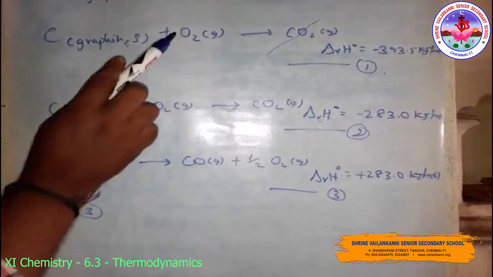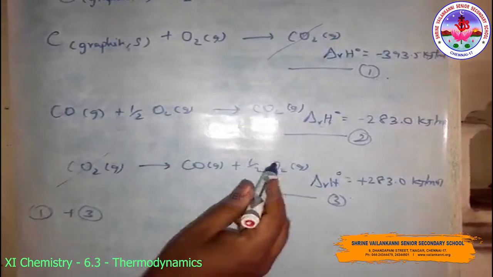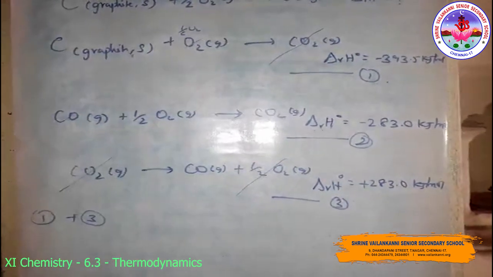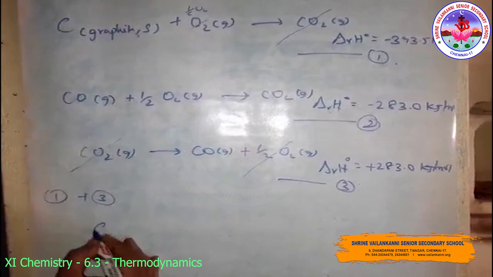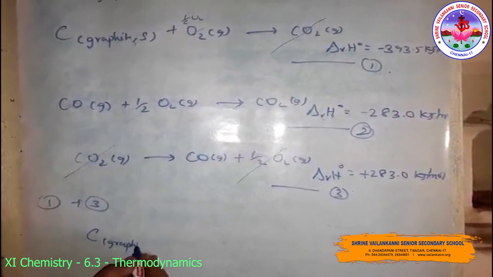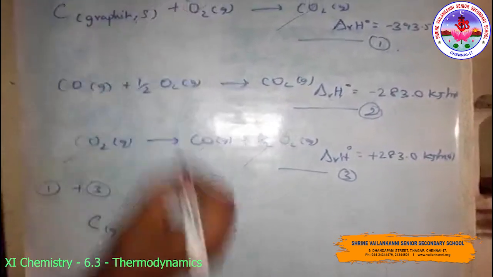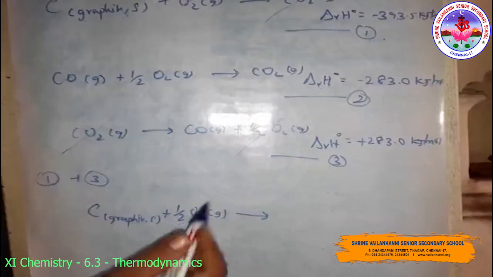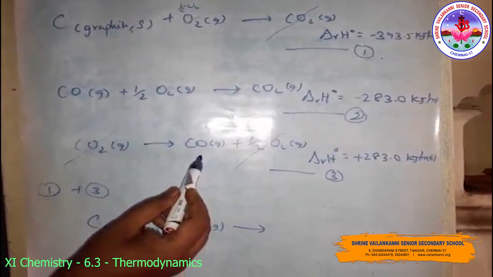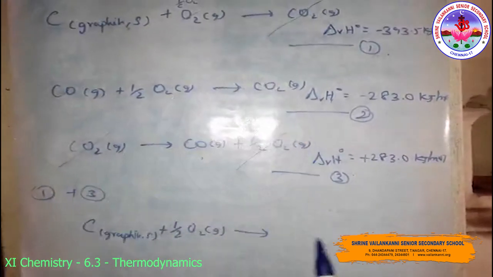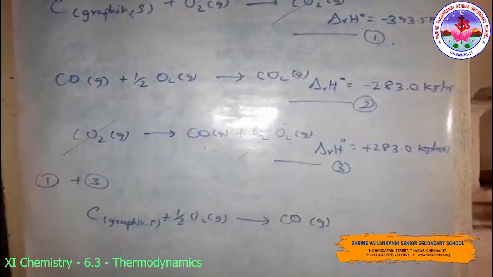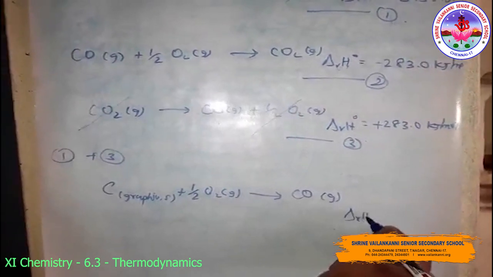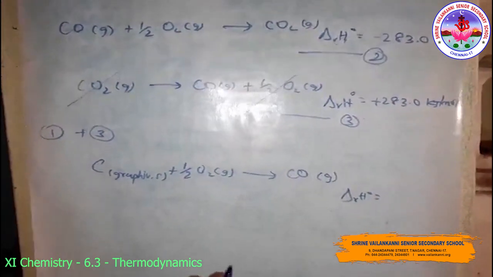Remaining is oxygen: 1 mole of oxygen on one side, half a mole on the other, so half a mole of O2 gas remains. Writing this equation: carbon graphite solid plus half a mole of oxygen gas gives 1 mole of carbon monoxide gas.